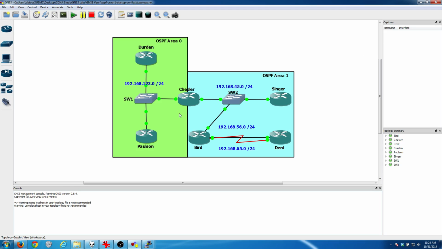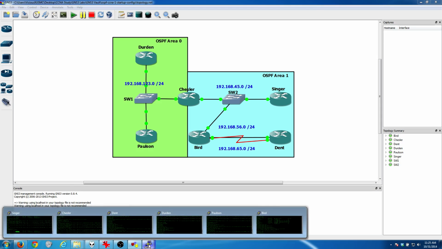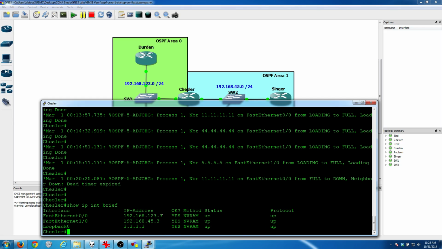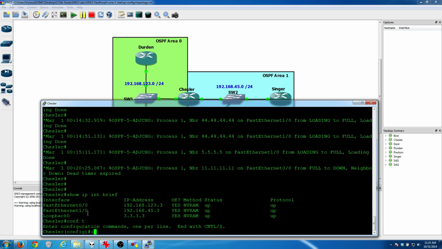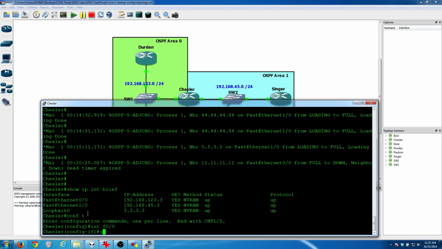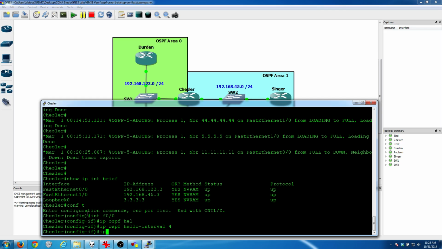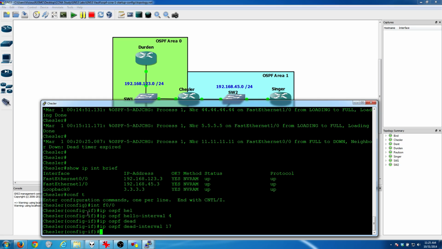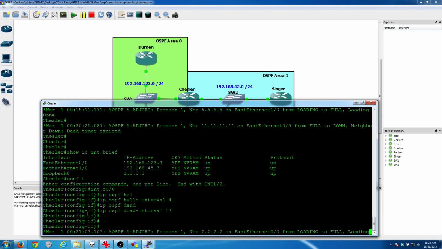And now we need to go to Chesler. Need to make sure we get the right interface. We need the one in the 123 network, which is 0/0. Hello interval of 4, dead interval of 17. So that should have everything going.